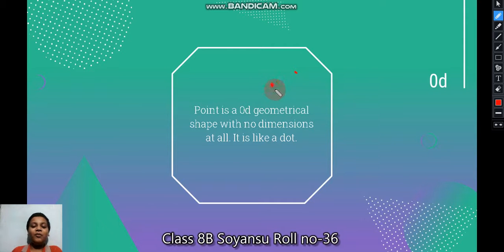There is no specific name for a dot, so we give it a name ourselves. We can give it a letter name, like A or B or this point C. Now I will go to the next page.